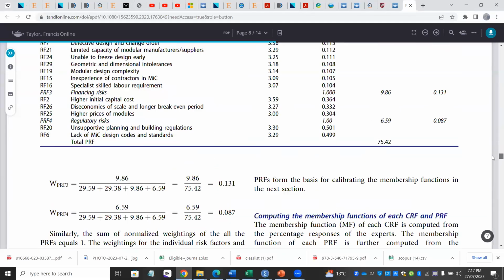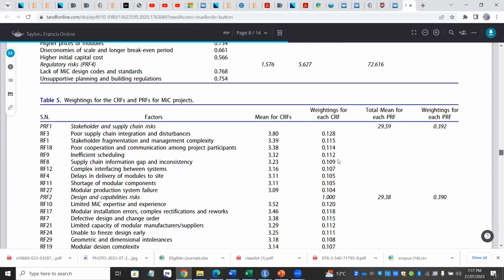So the next thing that we have to do is put all the means in a group together. By putting them together, that means you are going to add. So for example, 3.8 plus 3.39 plus 3.38 plus 3, up to all the mean scores within, for example, group 1, put them together, and the total, you write it somewhere here.